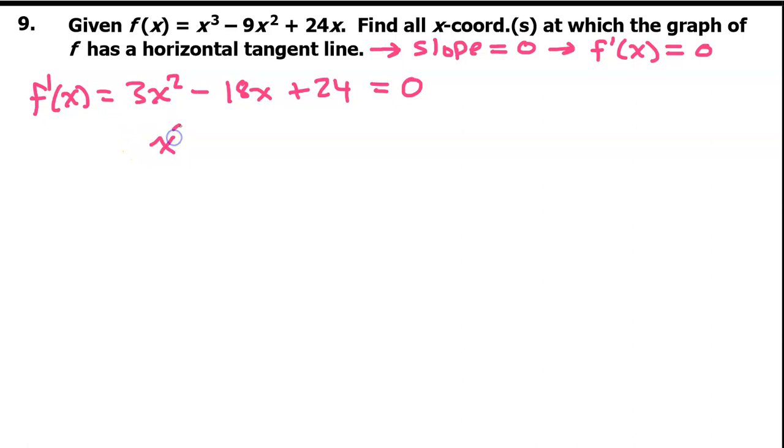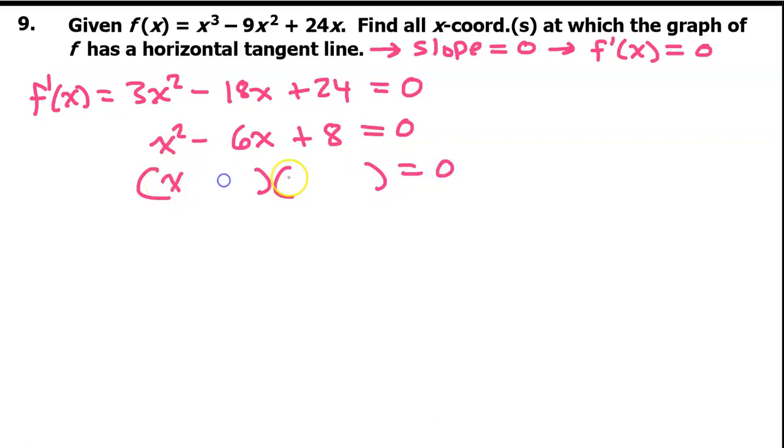We will get x squared minus 6x plus 8 is equal to 0. This will be factorable. X squared will only factor as x times x. 8 can factor as 2 times 4. I'm seeing that middle of negative 6x, so let's make both of these negative.